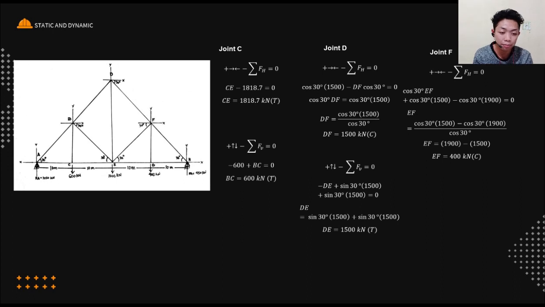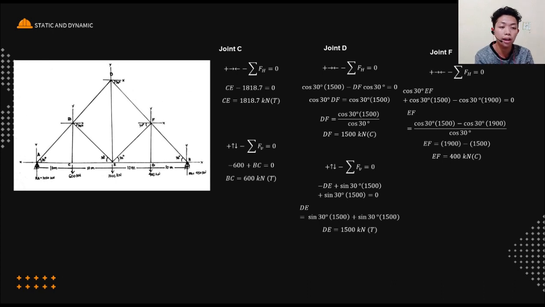Then, pag inilabas yung DE dun sa equation, magiging DE is equals to sine 30 degrees times 1,500 plus sine 30 degrees times 1,500. Pag kinompute yung value nun, magiging DE is equals to 1,500 kN tension. So, tama din yung assumption natin. Nag-positive siya.